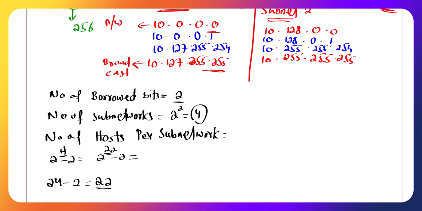So 2 power 22 minus 2 is equal to 4,194,302. See, it was 16 million, but just by borrowing some bits, by doing subnetting, we decrease the number of hosts from 16 million to 4 million. Okay, what will be the subnet mask after this?